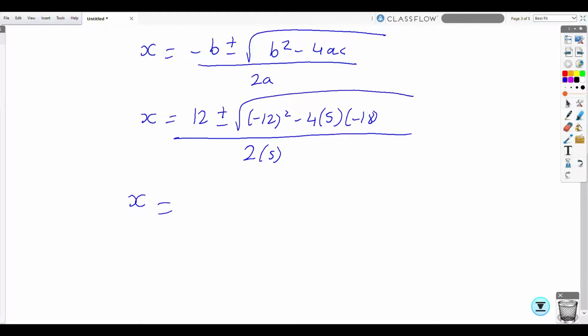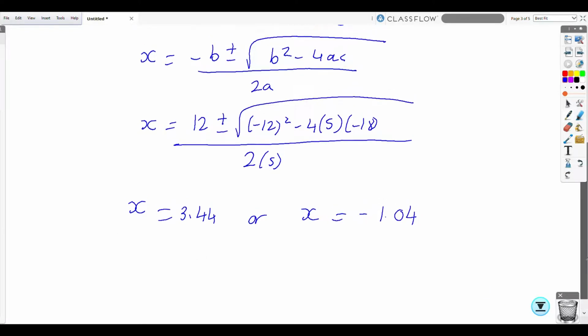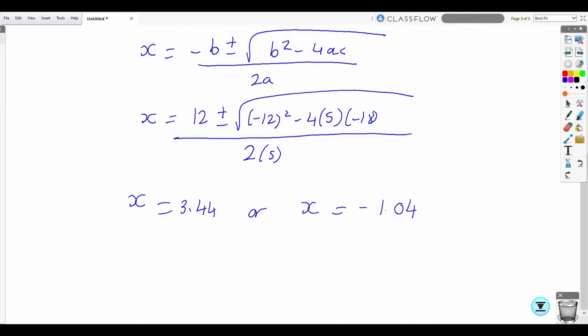So for the value of x, because they wanted it to three significant figures, we get a value of 3.44 for the positive value, and then for the negative value, we'll get a value of minus 1.04. So we're almost done. We just need to once again substitute these back into the original equation, which was y is equal to 2x minus 3.